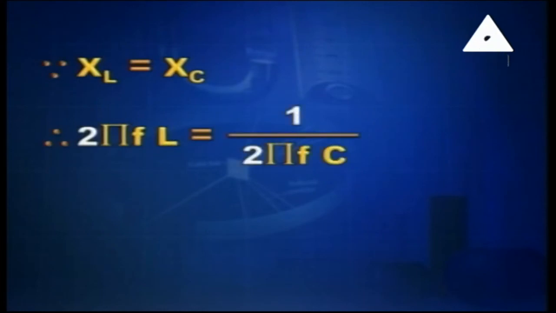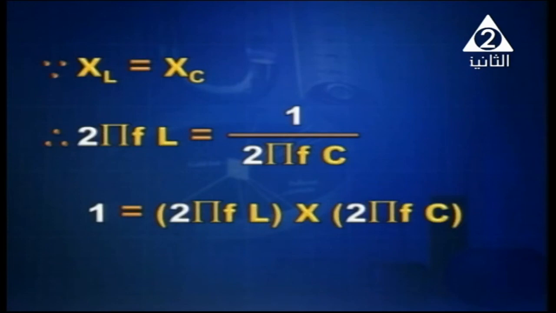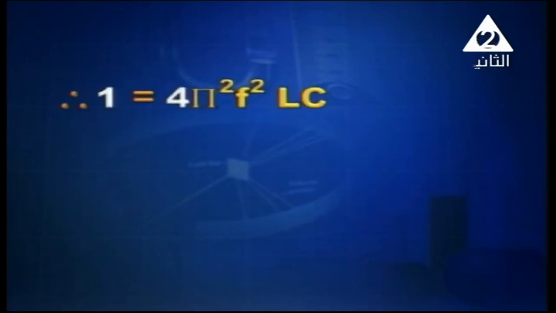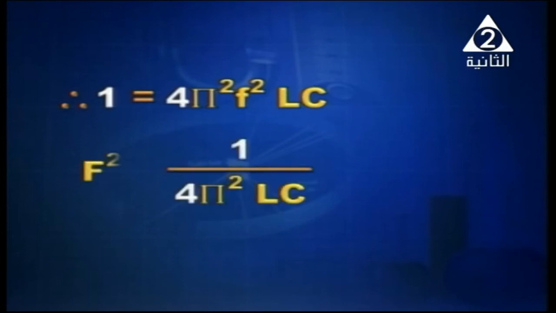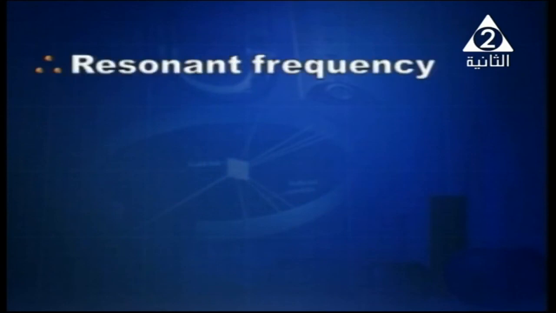So at resonance, XL is equal to XC, so we can say 2 pi F L is equal to 1 over 2 pi F C. So 1 equals the product of 2 pi F L times 2 pi F C. So 1 is equal to 4 pi squared F squared L C. So F squared is equal to 1 over 4 pi squared L C. In this case, we can obtain the resonant frequency.